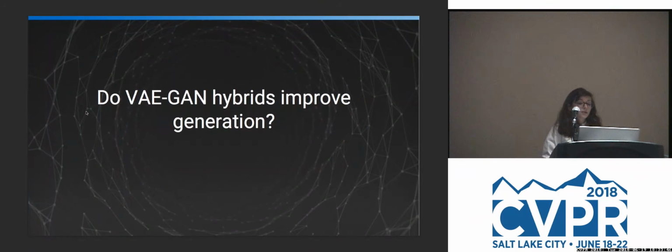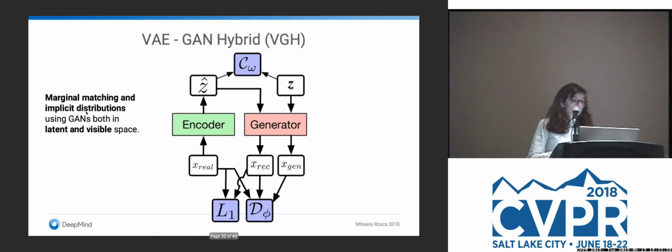Now the second question is, do these hybrids improve generation? And not only quality, but also, remember, stability and decreasing the chance of mode collapse. So to do this, for the purposes of this analysis, we introduce a variational GAN hybrid, which we simply call VGH, that uses marginal distribution matching and implicit distributions in visible space as well, because we know this is what allows GANs to produce really good samples.